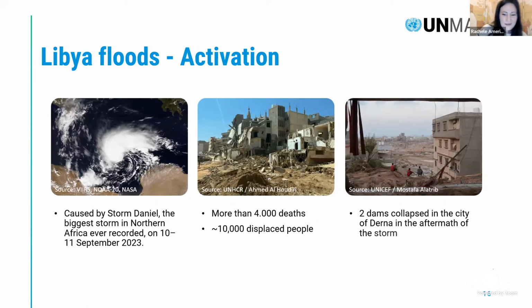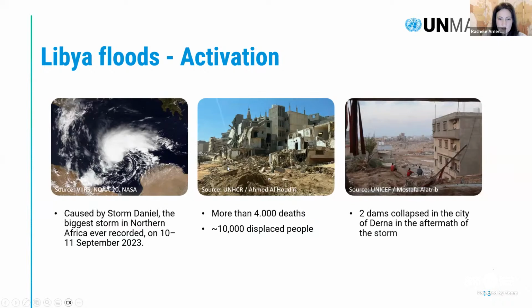Okay, so going forward and entering on what we will do today, I think you heard about the storm Daniel, which hit very hard the northern Africa recently in September, and in particular Libya and the area of the Derna city.